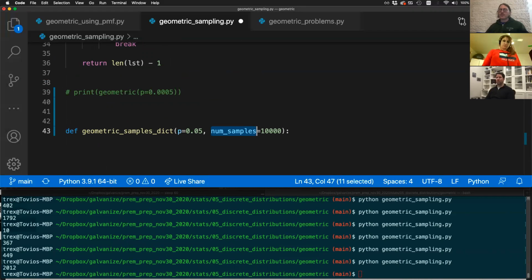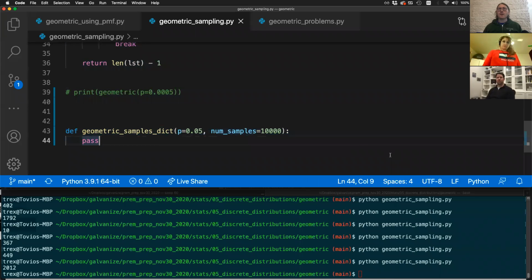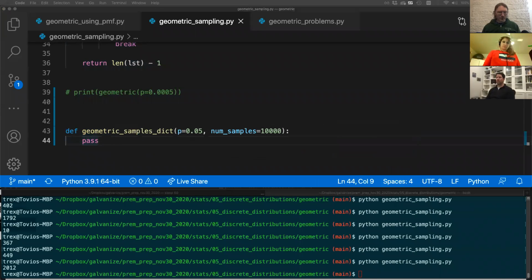The values should be the counts of that number of k occurring, okay, over however many samples. So let me copy this and I'll put it into the Slack. And I'll give you 5 minutes on it. You might find it helpful to go and reference the binomial sampling materials, but definitely feel free to code this from your current understanding of what's happening here.